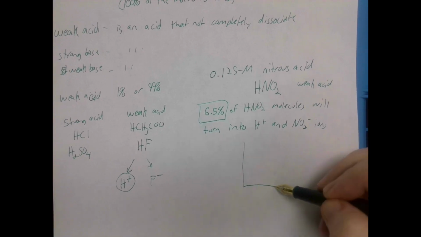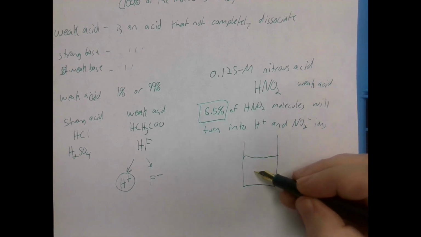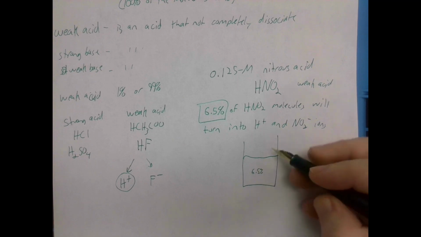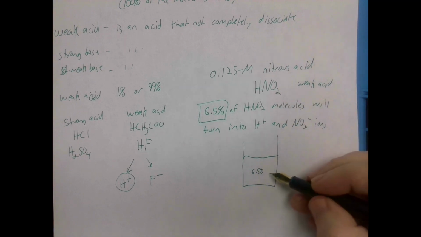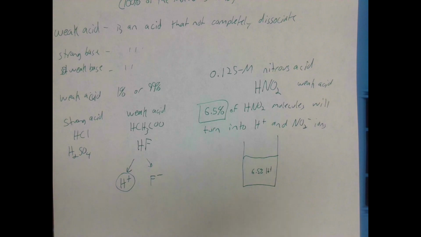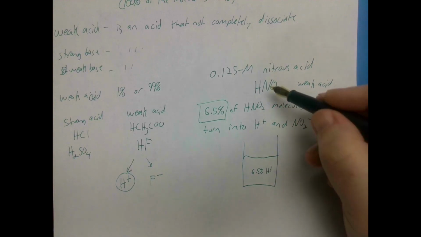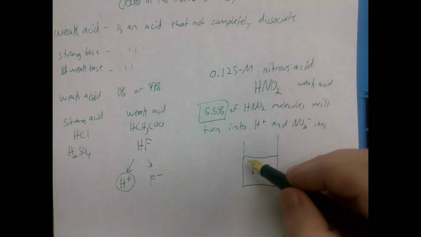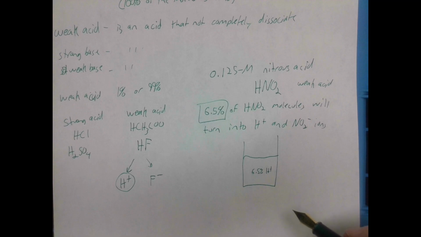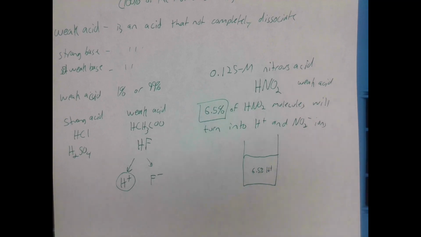So if you have some water and 6.5% of the HNO2 are H plus ions, and you remove some of the H plus, then the remaining HNO2 will break down until you get this ratio again. Make sense? So it's going to keep this ratio throughout.